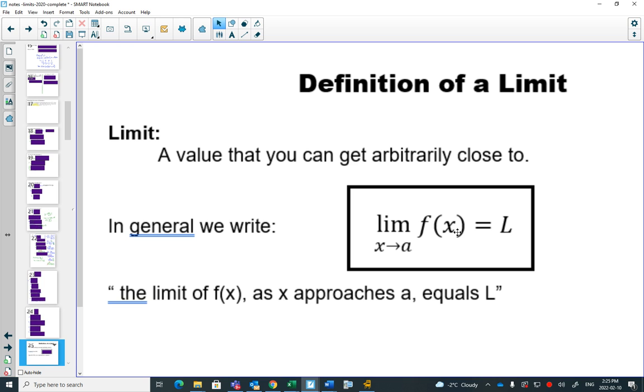So the f of x right here could be any function, any equation, any expression. And what it's equal to is what our job is, to try to find out what number it gets close to. So we're on page 6. And you just have to fill in what's in that box.